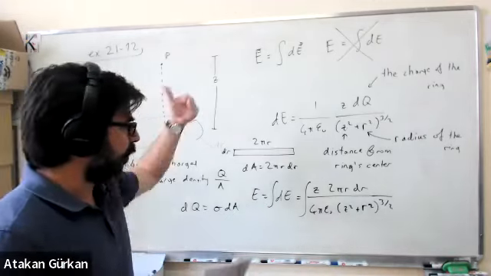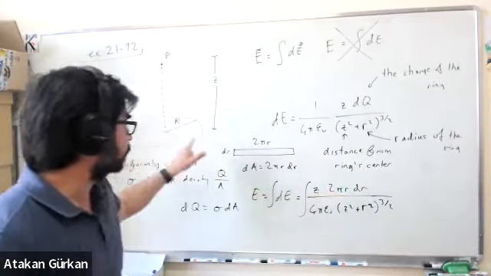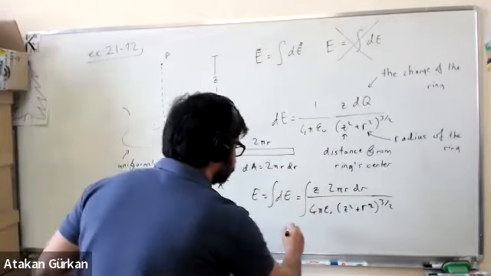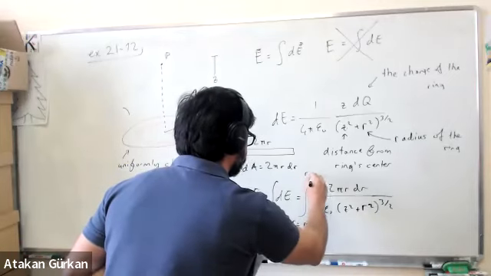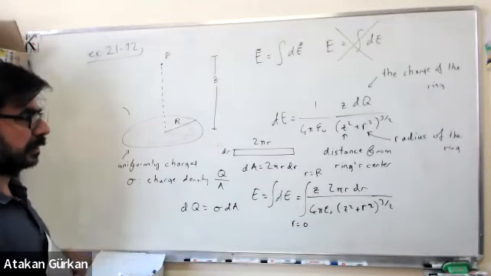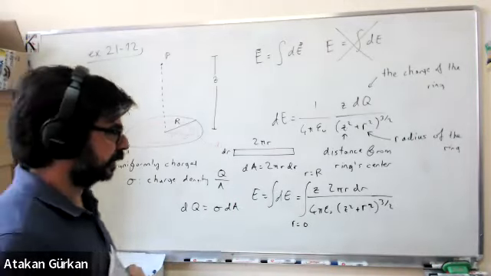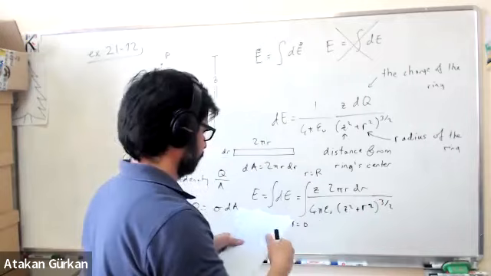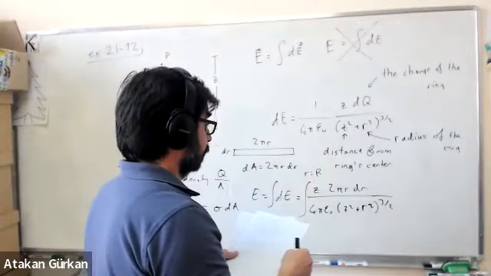Now, to cover the whole disk, this r, the radius of the little rings, should go from 0 to capital R. And this integral can be done. I think it's done by integration by parts. Right? You call it r squared u and something like that. No, sorry, by substitution.